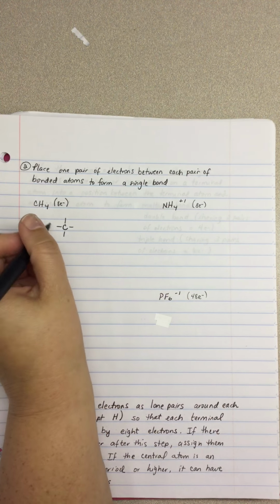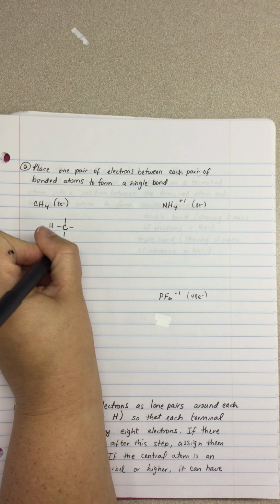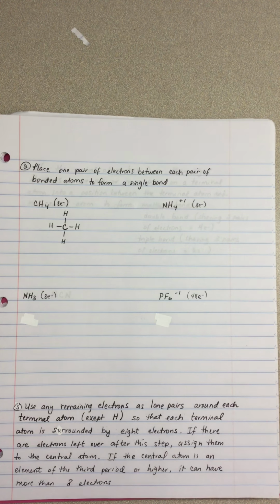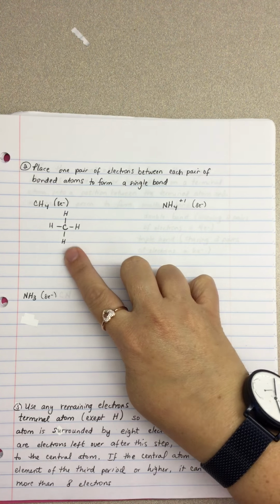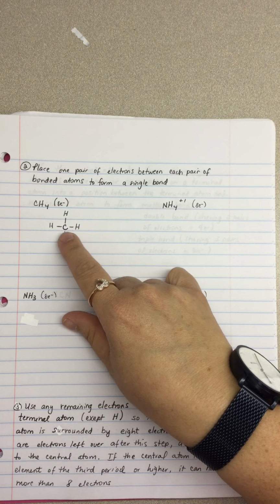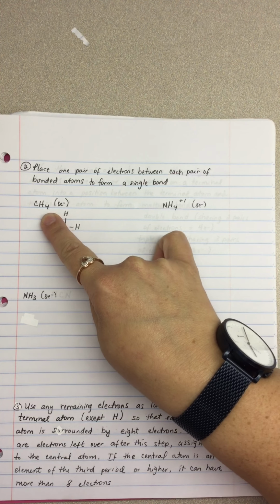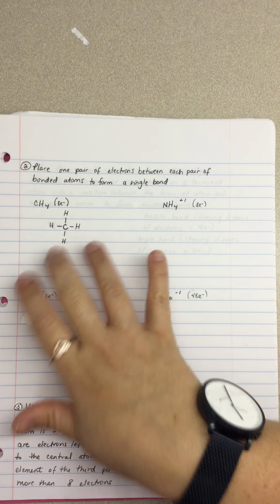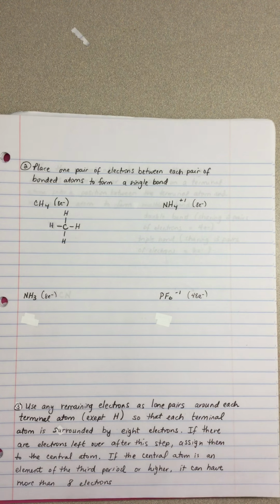And now I'm going to put my hydrogens. So I have my central atom carbon forming a chemical bond with each one of the hydrogens that I have in my compound CH4. So that's what you need to do for that step right there.